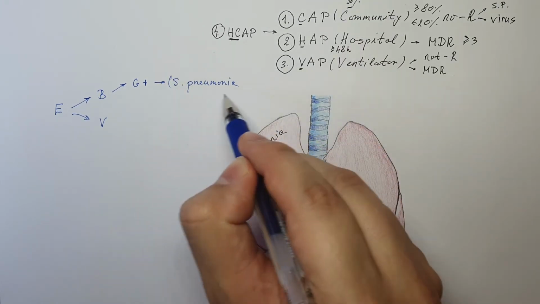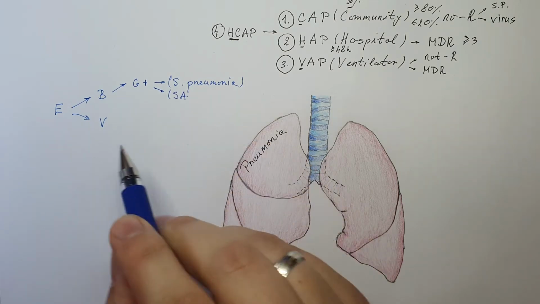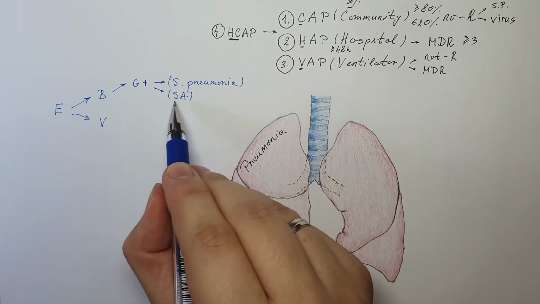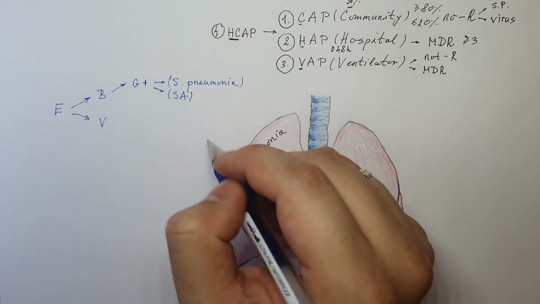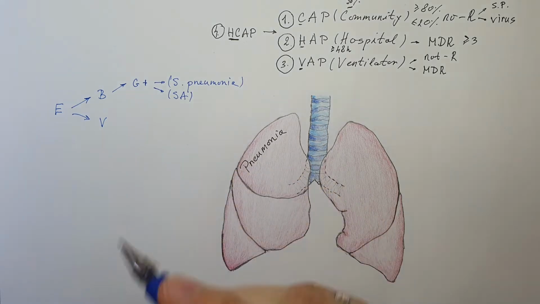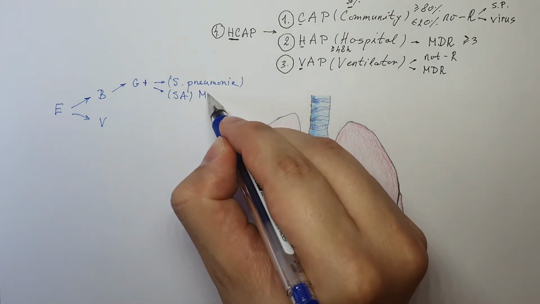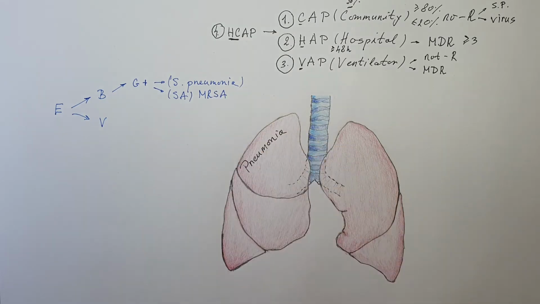Also, Staph aureus is a possibility, and the problem with Staph aureus is that many of these bacteria have a multi-drug resistant potential, especially MRSA in the clinical setting, or methicillin resistant Staph aureus.